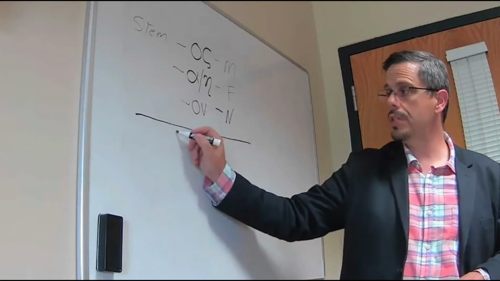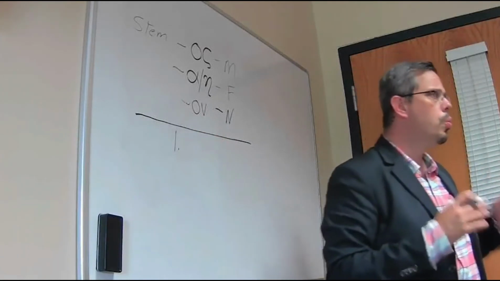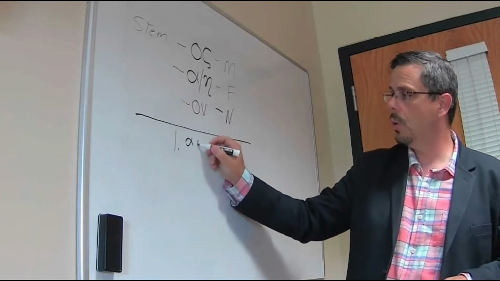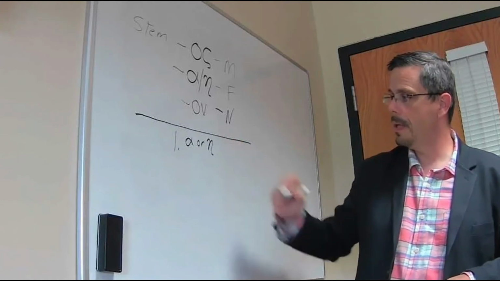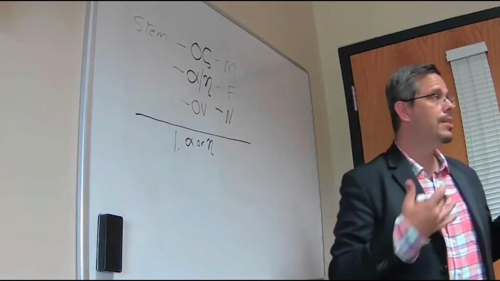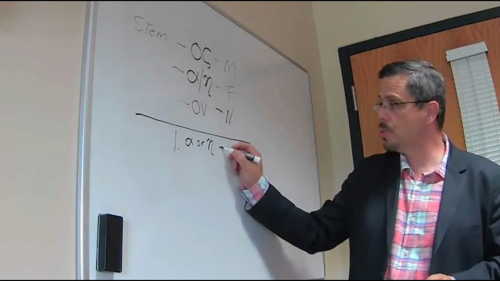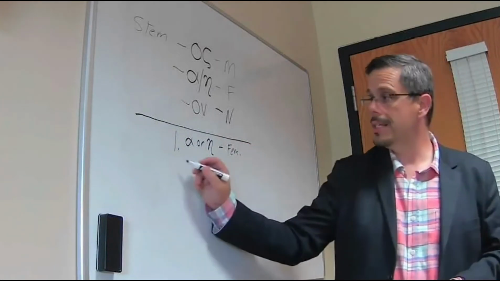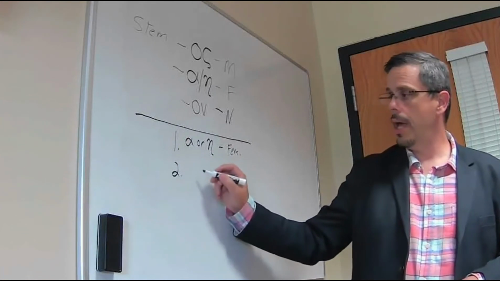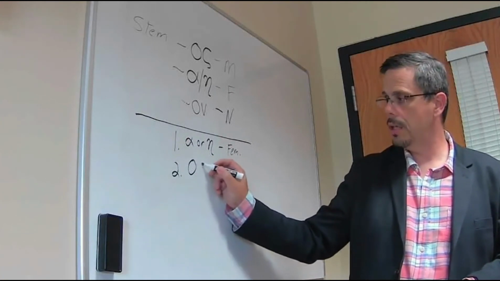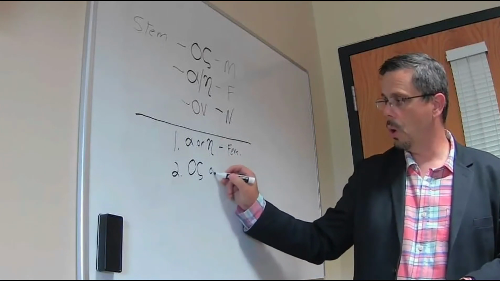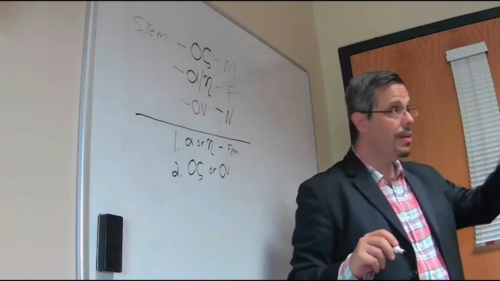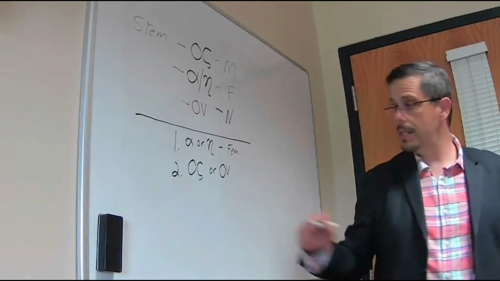So first declension, these are words that end with an alpha or an eta, and these will be considered first declension and are usually feminine. Usually. Second declension end in os or on in their nominative, and I'm going to talk about nominative in a minute, nominative case.